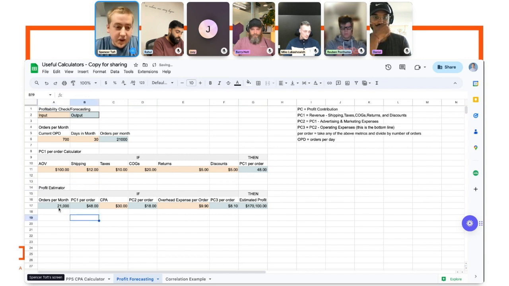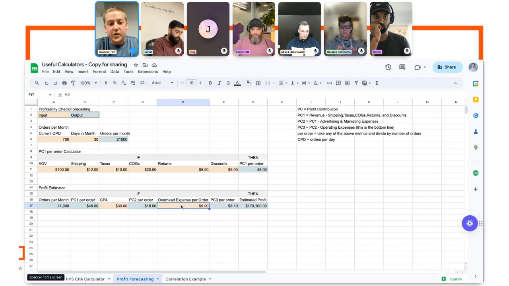And then you have your orders per month and your PC1 per order. Let's say your CPA was $30. That means your PC2 per order would be 18, because it's just subtracting your cost of advertising and marketing. That's your PC2 per order.